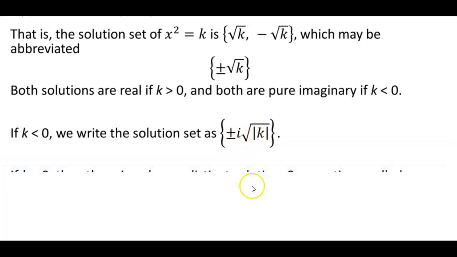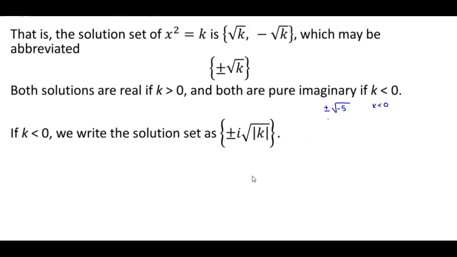So let's just take a look at a minor example here. Let's say I had plus or minus the square root of negative 5. Well, that means that k is less than 0, and if k is less than 0, then this is going to be a pure imaginary number.